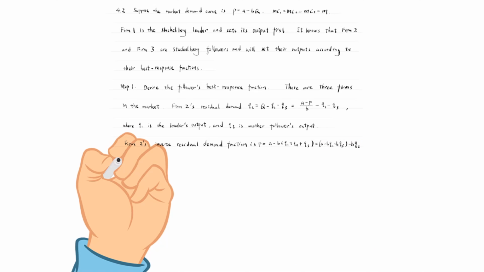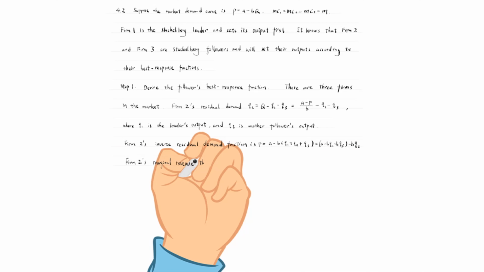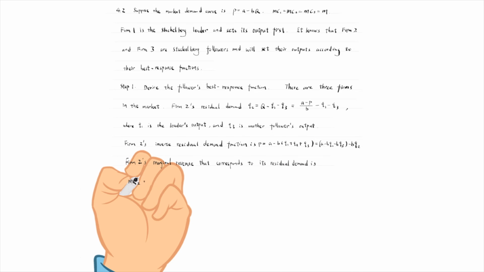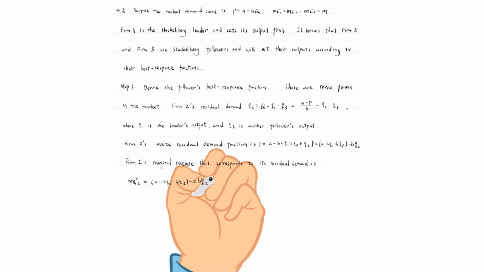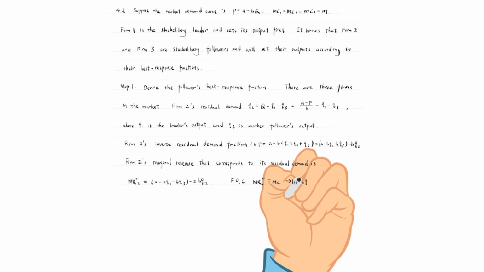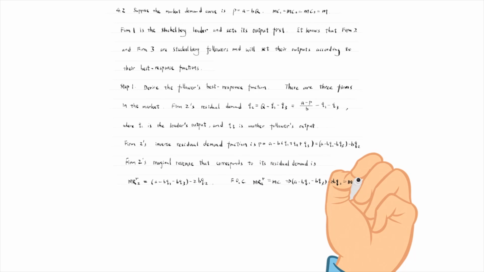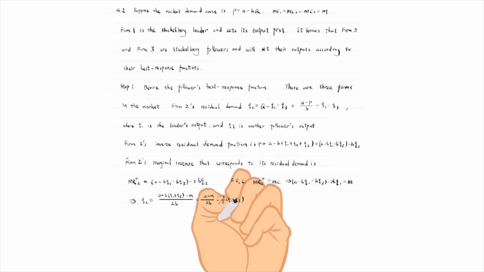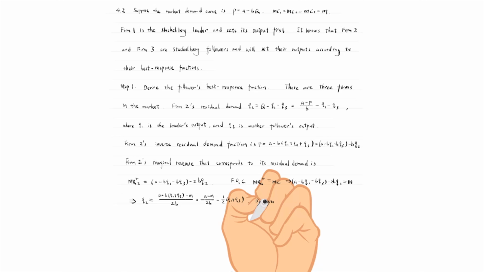We can write firm 2's marginal revenue that corresponds to its residual demand. Firm 2 operates like a monopoly with respect to its residual demand. The first order condition for profit maximization leads to firm 2's best response function. It contains Q1 and Q3.